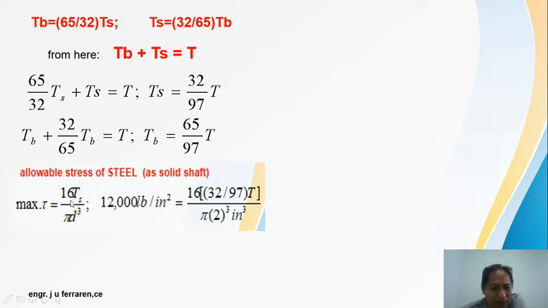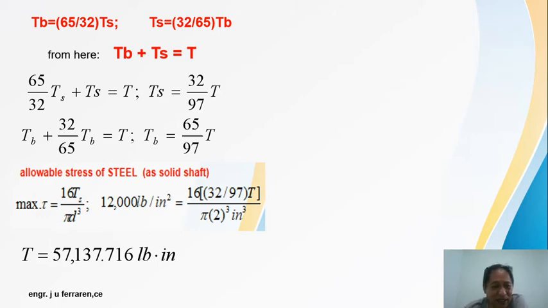That's equal to 16, and for the steel, 32 over 97, expressed in terms of T. Actually, with this equation, what is left as the only unknown is T. So, I will solve for T from steel, and I also have to solve for T from the bronze. Okay, so we have T, but this is only a possible value. The unit is pound, correct, and inches. So, that is pound-inches, correct?